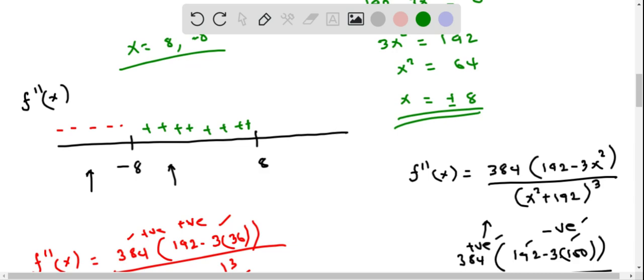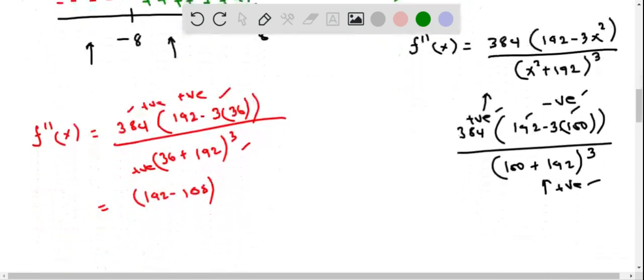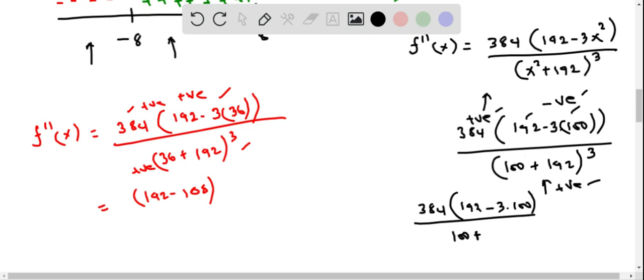Now let's determine to the right of x equal to 8 by plugging in 10. If you plug 10 into the second derivative, we will get 384 times 192 minus 3 times 100, where x squared is 100, divided by 100 plus 192 quantity cube.